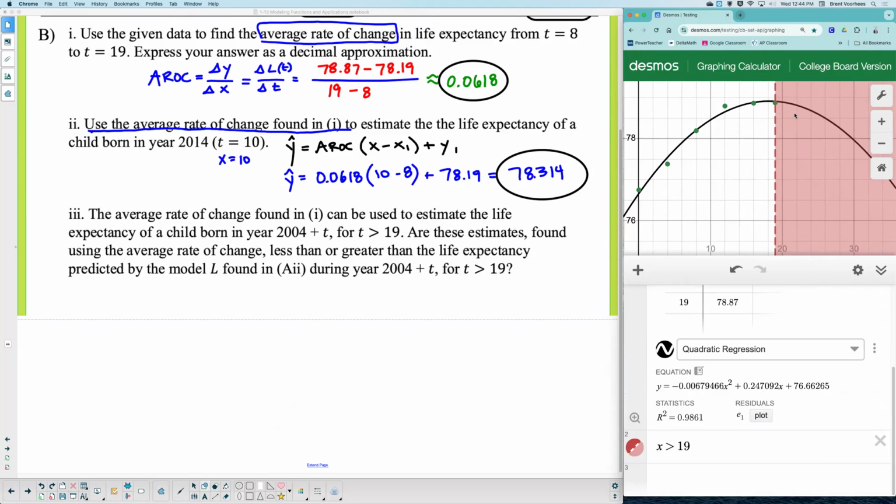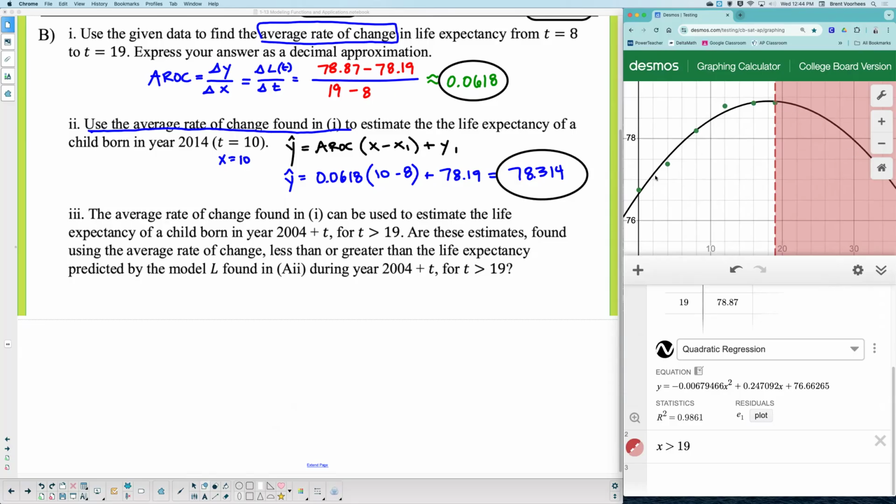Let me see if you're understanding. AROC is what type of estimate? Is it linear or is it quadratic? AROC is linear. Is this slope positive or negative? Positive. So you have some positive slope right here. This model, you see how this is concave down?